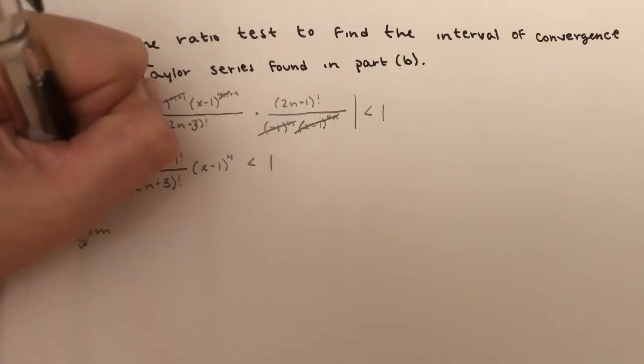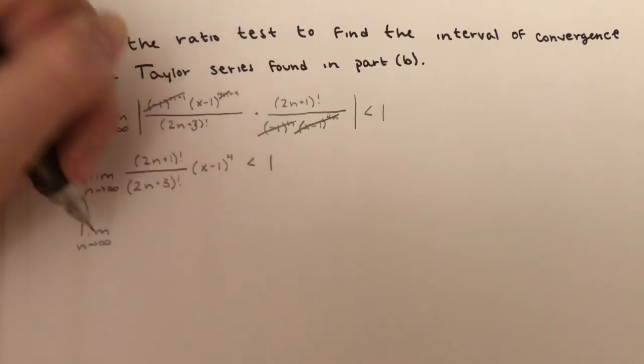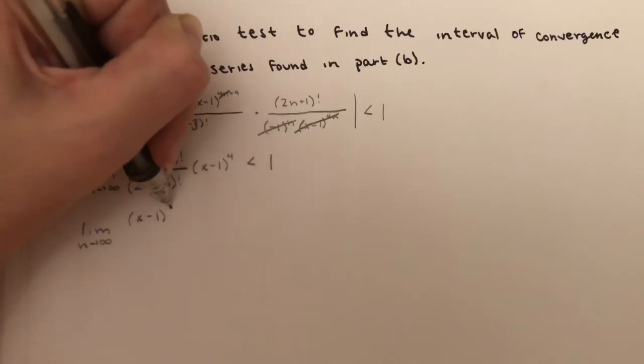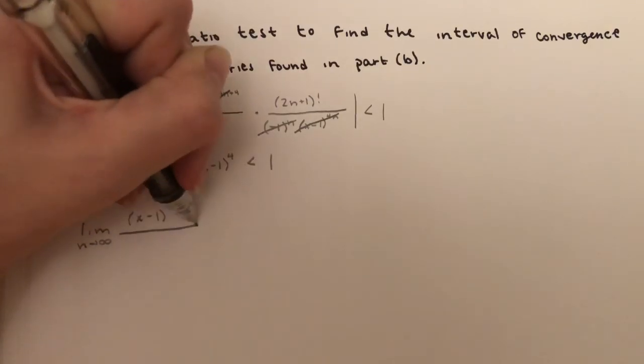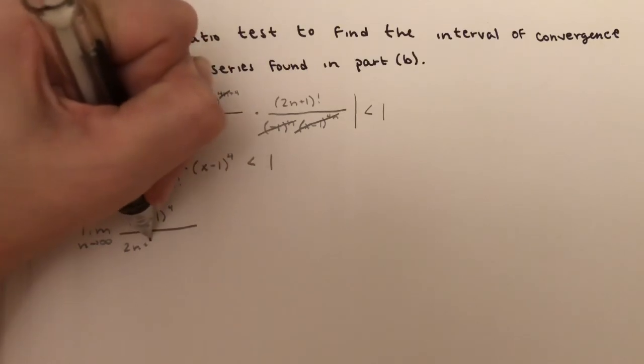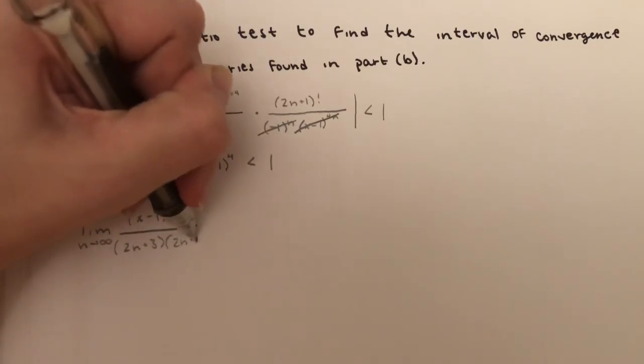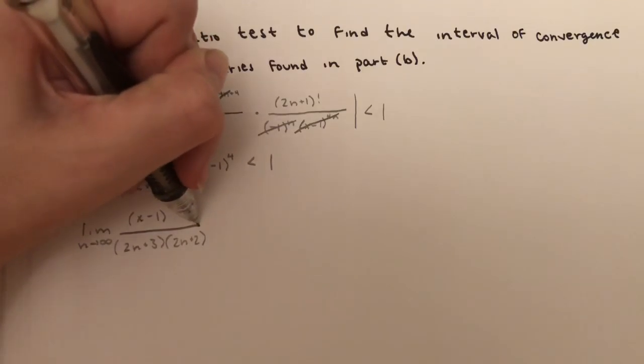Now we can rewrite our limit one more time and get rid of our factorials. So the top 2n plus 1 factorial is going to cancel out because 2n plus 3 factorial is greater, leaving us with x minus 1 to the 4th over 2n plus 3 times 2n plus 2.